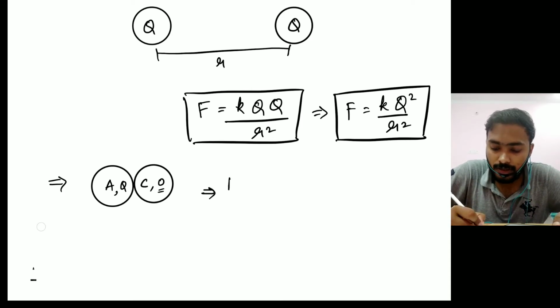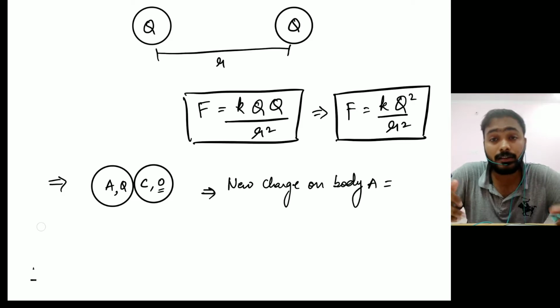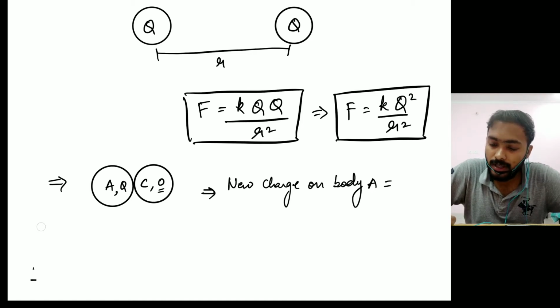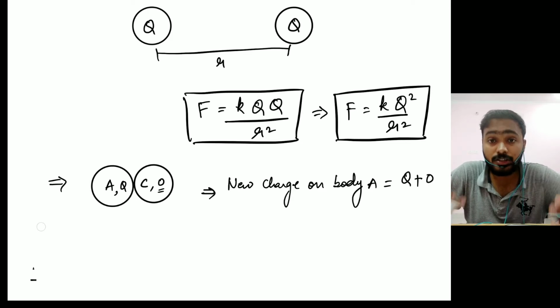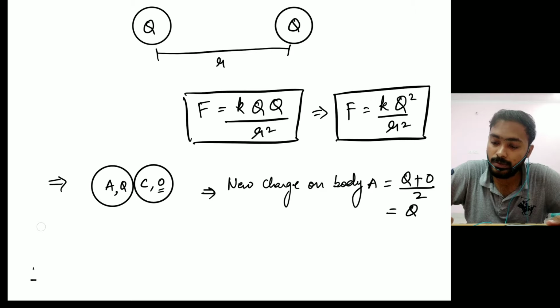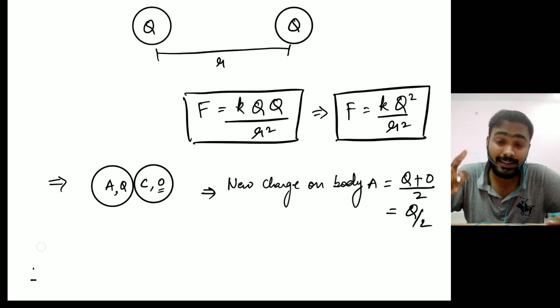So body A will have a new charge now. What will that charge be? It will be equally divided. Body A already had Q charge, plus 0 is the charge on body C, divided by 2. Or we can simply write Q by 2 as the new charge on body A.